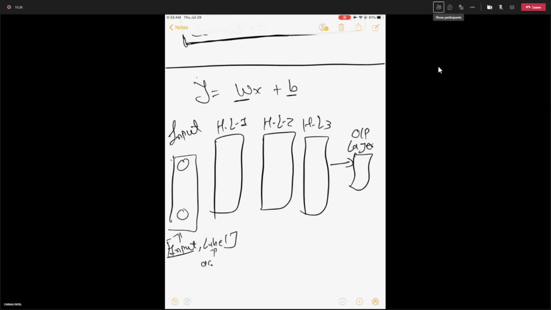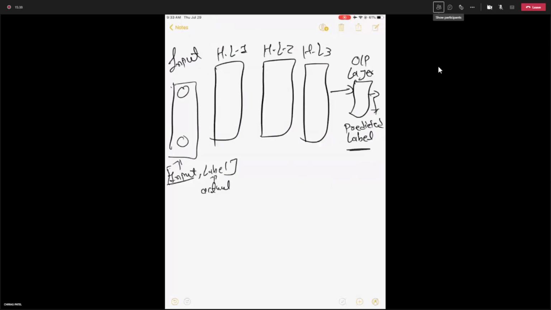This is your actual label, and whatever label we obtain over here is your predicted label. So you find your delta E, the error, which is your actual minus predicted. This is your delta E.